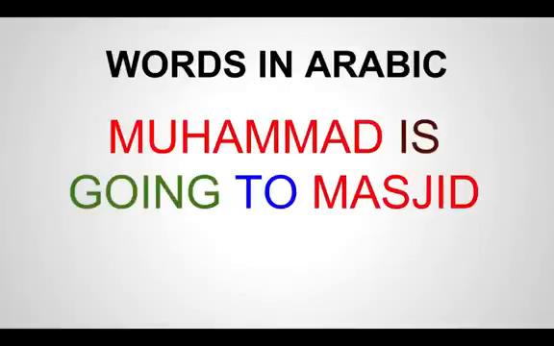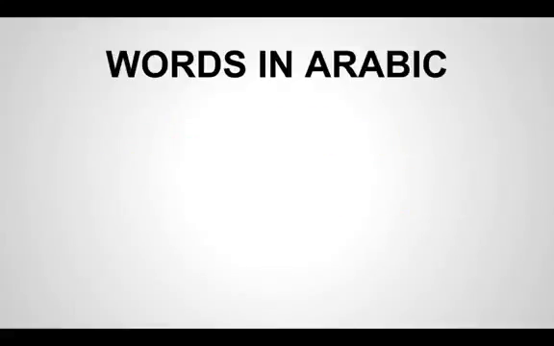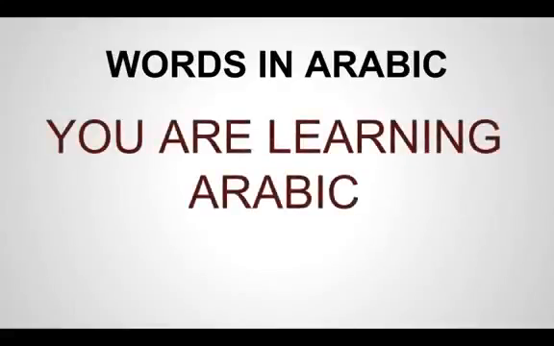Let's give another example. See if you can figure it out quickly. "You are learning Arabic." What will be ism, what will be fi'al, and is there any harf in this?